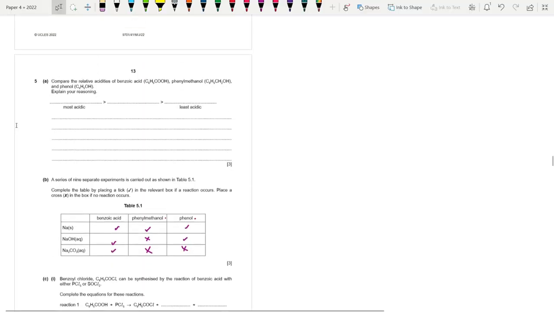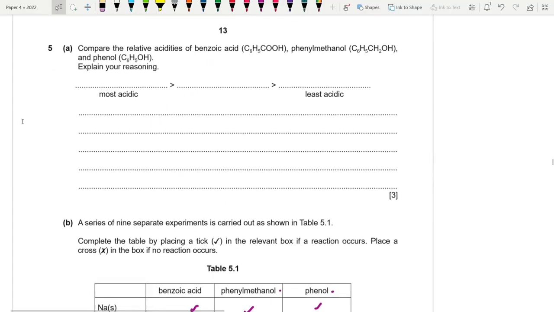Okay. So compare the acidities of benzoic acid, phenyl methanol, and phenol. So phenyl methanol is actually an aliphatic alcohol. Phenol is okay, it's all right, and benzoic acid is actually a carboxylic acid. So clearly carboxylic acid will be the strongest, right?